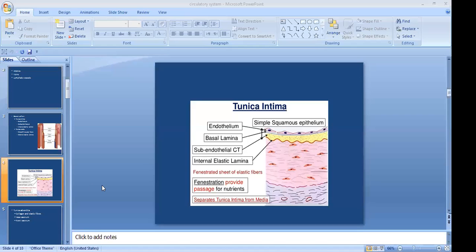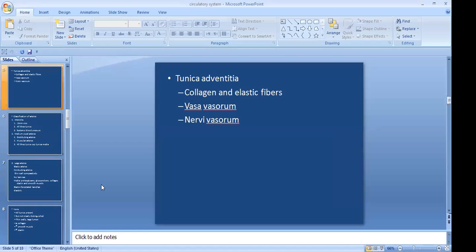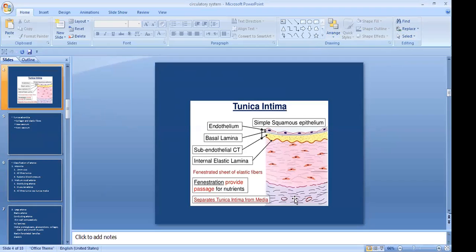Now, we discussed tunica intima and media, then we will discuss the tunica adventitia. So, tunica adventitia is composed of collagen and elastic fibers, and they are arranged longitudinally.